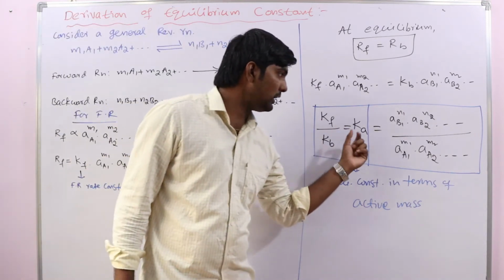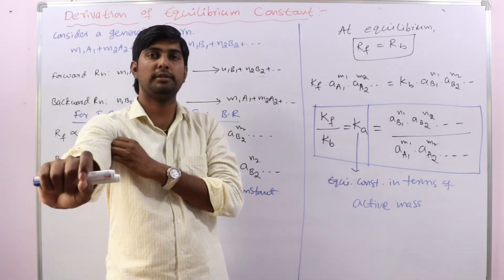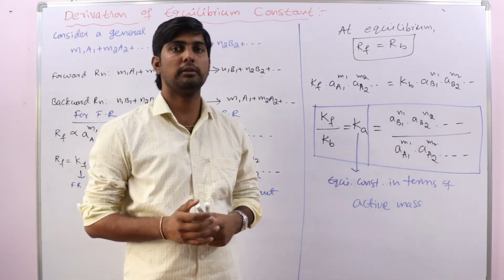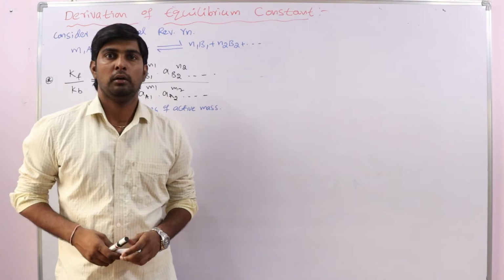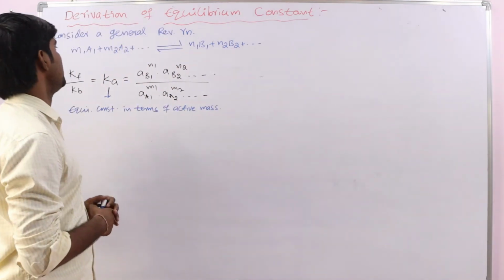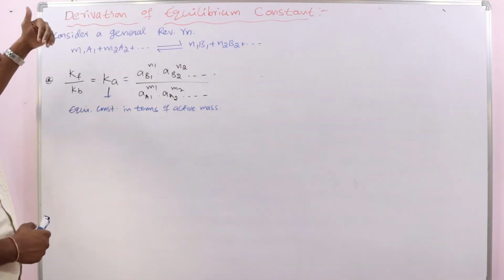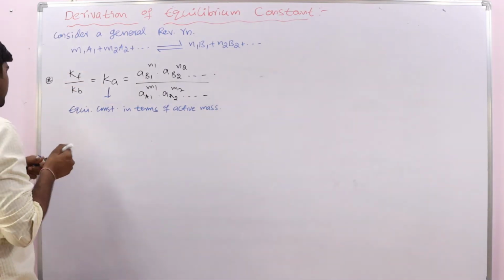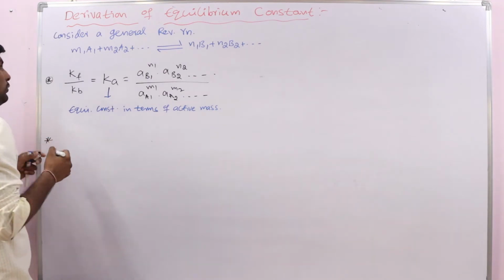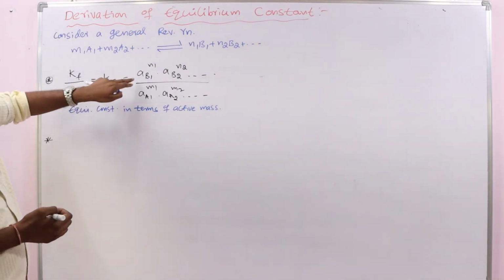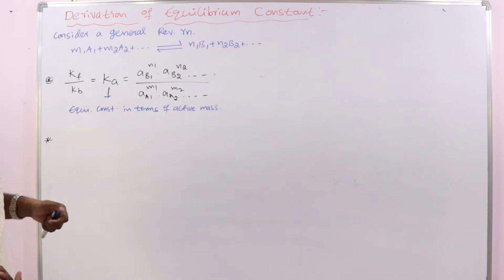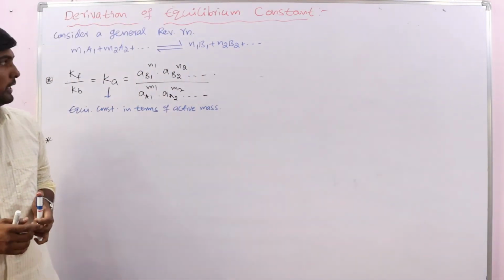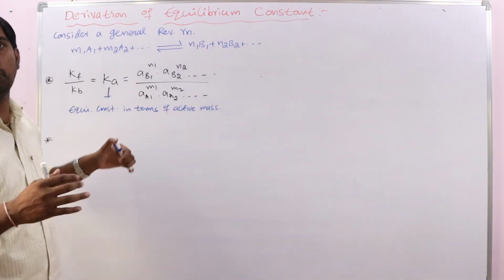Now let us see how the equilibrium constant can be expressed in terms of molar concentration and partial pressures, in different forms. Suppose we consider molar concentrations. Instead of active mass, for dilute solutions active mass equals molar concentration.